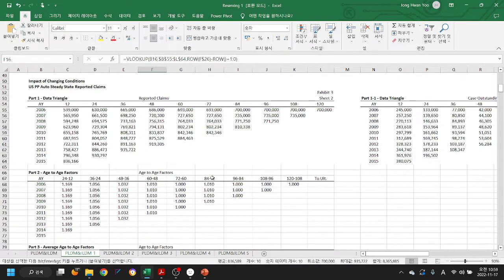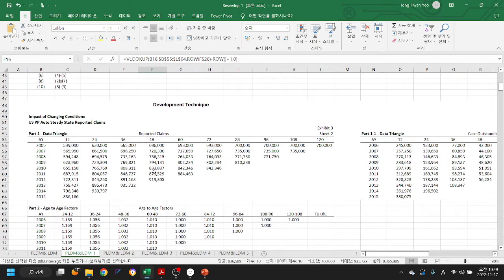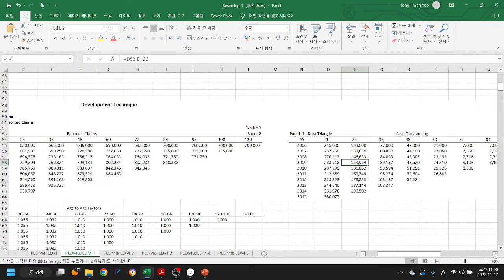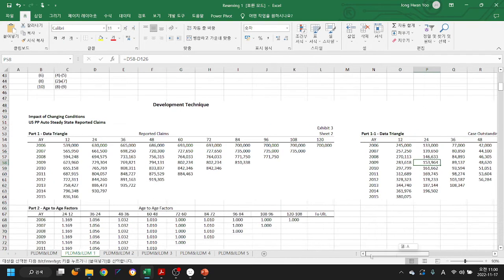If I have the reported claims triangle and cumulative paid loss triangle, I could get case outstanding. Just simply subtract, right? Subtract the cumulative paid loss triangle from the reported claim triangle, and I'm able to get case outstanding.